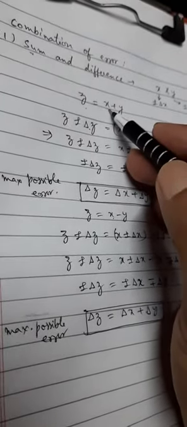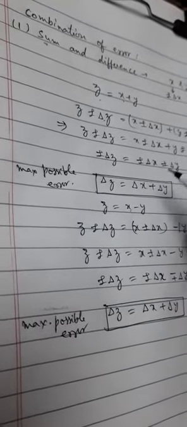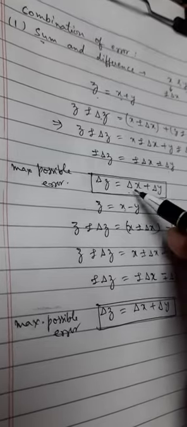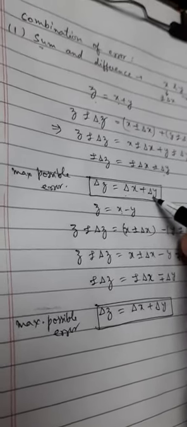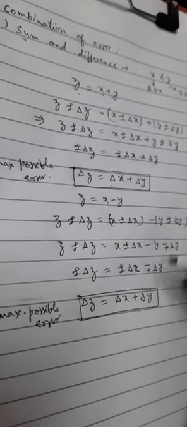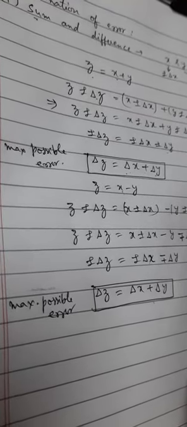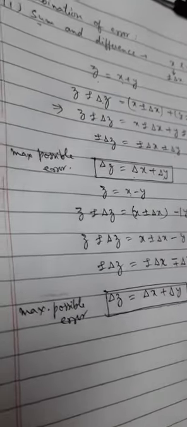Now just see, it is a sum of the two quantities, it is a difference of the two quantities, but you see the limiting error is the sum of the individual limiting errors of x and y. So when the two quantities are added or subtracted, the limiting error in the final result is the sum of the limiting errors in the quantities involved. Understood? Clear?